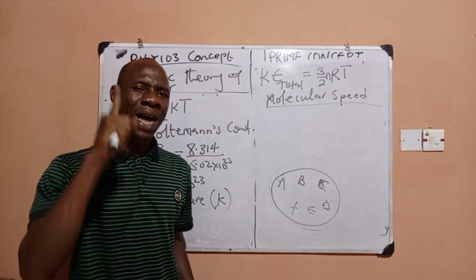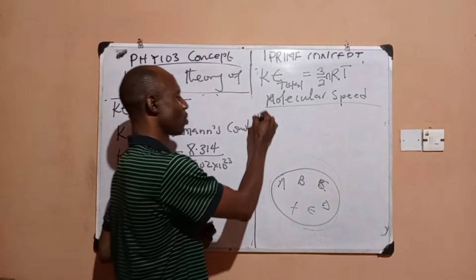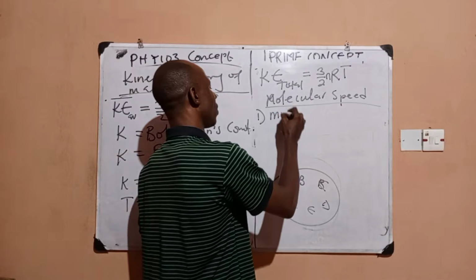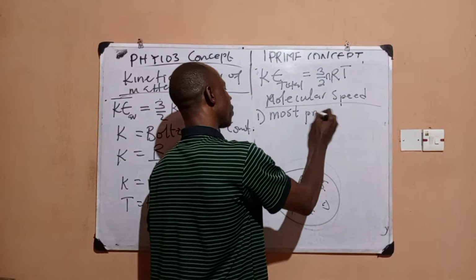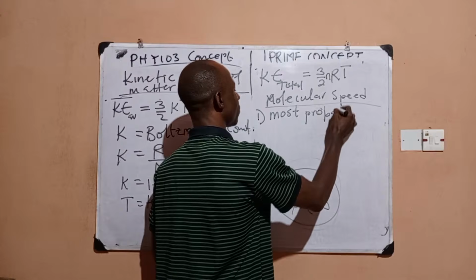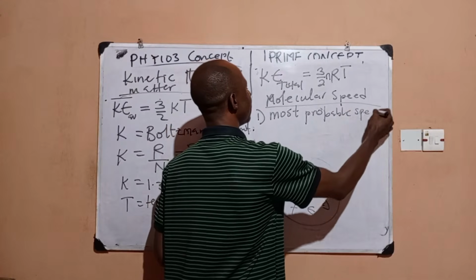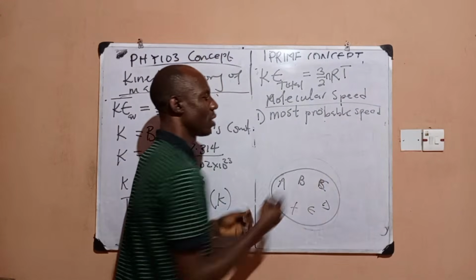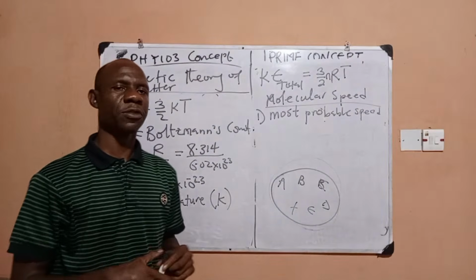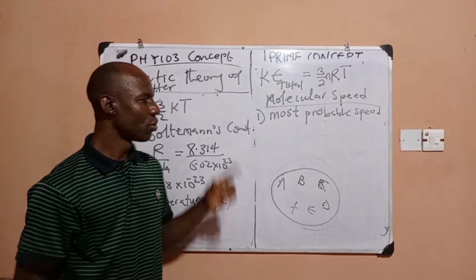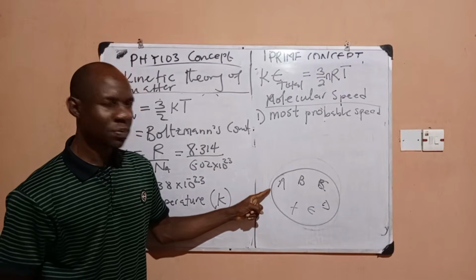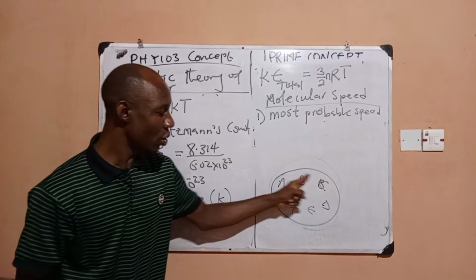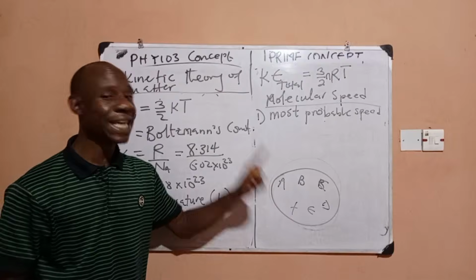The first one we want to consider is the most probable speed. Probable comes from the word probability. Most probable speed is the speed that most of the particles have.